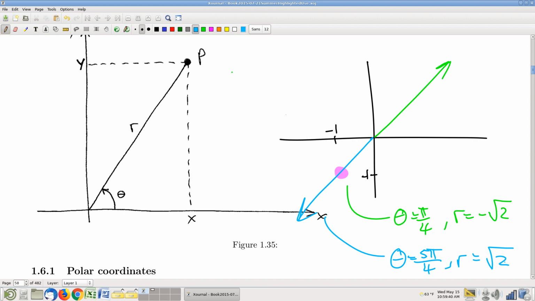This is not familiar from rectangular coordinates. Rectangular coordinates, you have one option, right? A point has exactly one pair of rectangular coordinates. Not so with polar. And by the way, also with polar, you could equally well choose to view this theta as 9 pi over 4. Now that seems a little perverse, but if you were to go all the way around like that, that gives you that direction, right? Watch me.